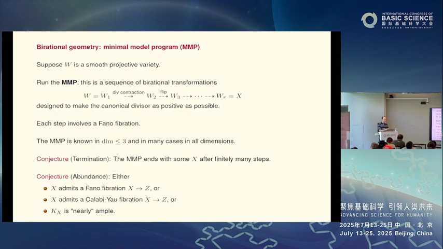Let me go back to the birational geometry setting and look at the minimal model program. Suppose that I start with an algebraic variety W. For simplicity, let's say this is smooth, projective.